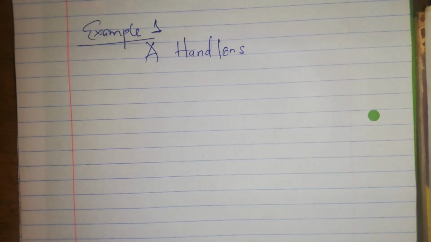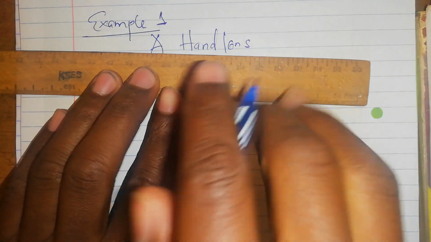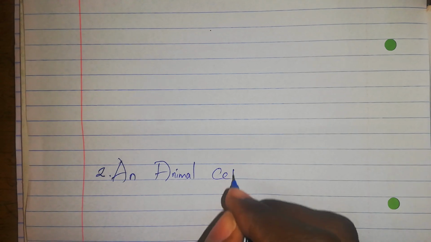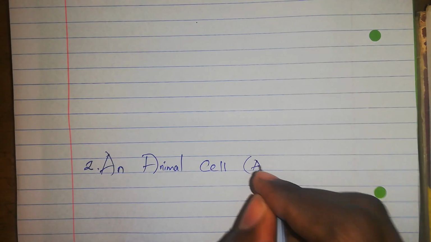So that is my title, the hand lens. I'll just make a simple diagram of a hand lens, and then the second one shall be an animal cell, under the viewing of a light microscope.